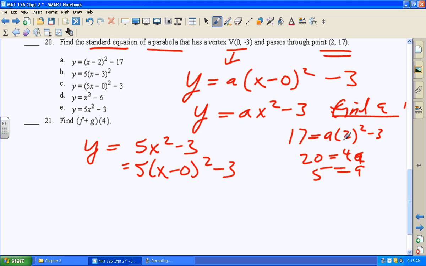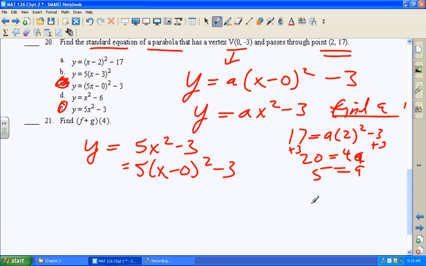I squared it. You have to put 2 in there and you have to square it. So I add 3 to both sides. And then I got 20. So it looks like the answer is going to be C? E. Oh, the 5 is outside, sorry. E. Okay. 5x squared minus 3.